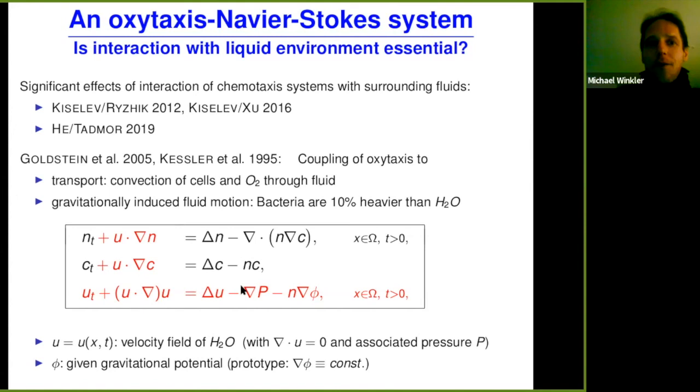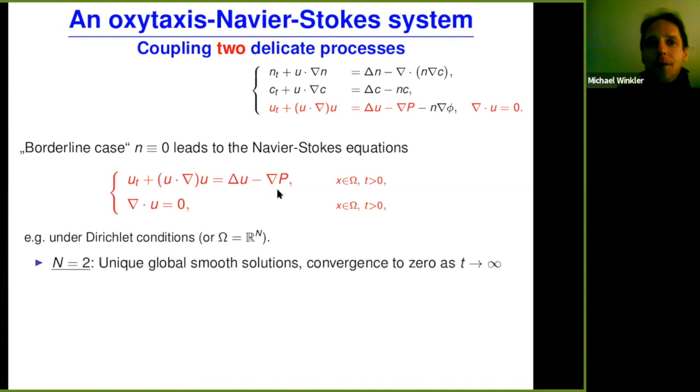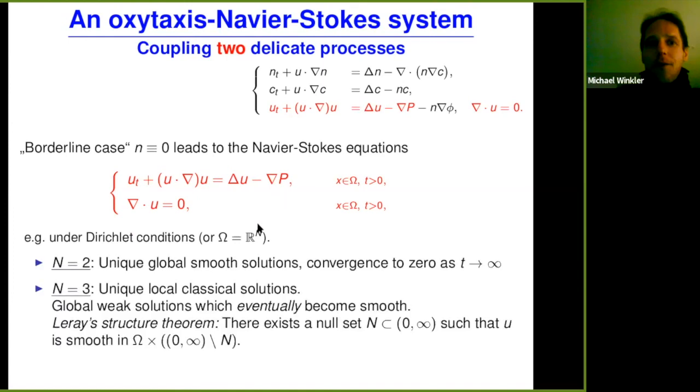And of course, you will say this is much too complicated. You cannot do too much because already the Navier-Stokes subsystem in the 3D case is not so well understood with regard to existence theory. Of course, in the 2D case, it's like the Keller-Segel consumption system alone. In the 2D case, everything is nice.